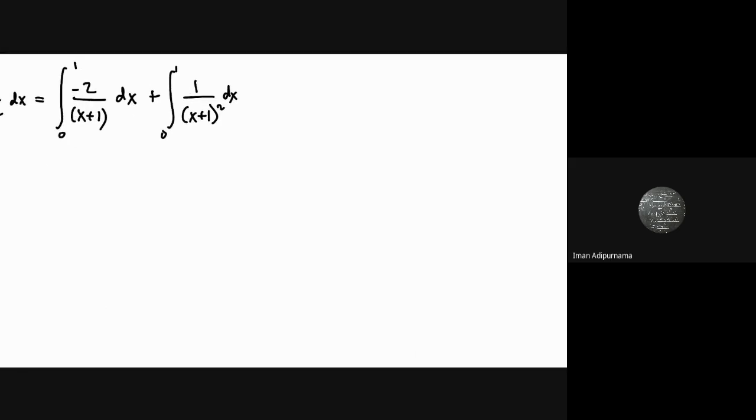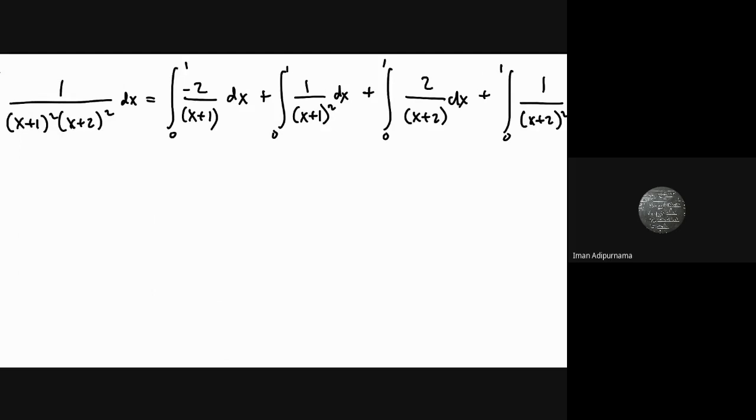This will be equal with integral of -2 over x plus 1, plus 1 over x plus 1 squared, dx, and then plus 2 over x plus 2, and then plus 1 over x plus 2 squared, dx. Okay, I think we can solve this.